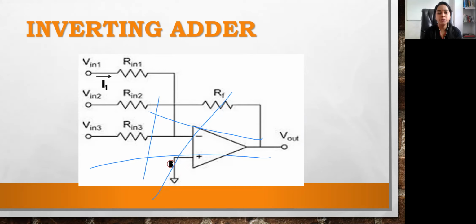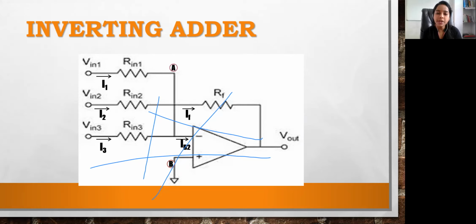Now we have V1, so the current flowing through this point is I1. With V2 at this point you will have I2, and with V3 at this point we will have the third current, called I3. At this point we will have IB2, and at the feedback resistor we will have IF.